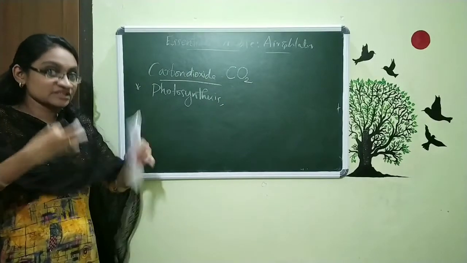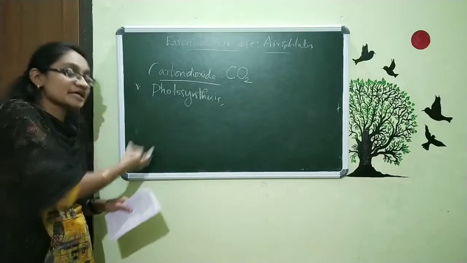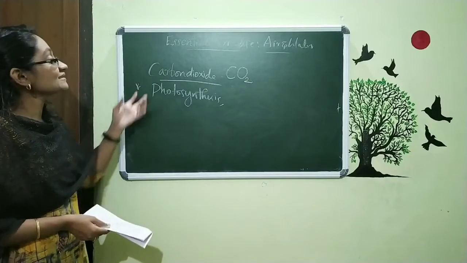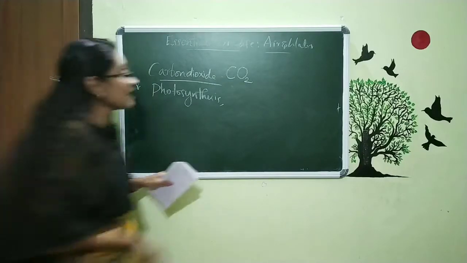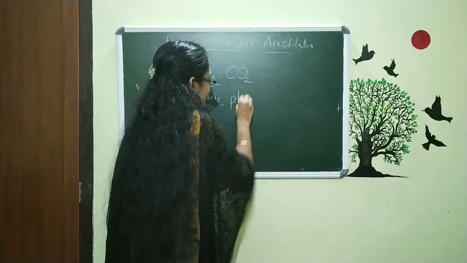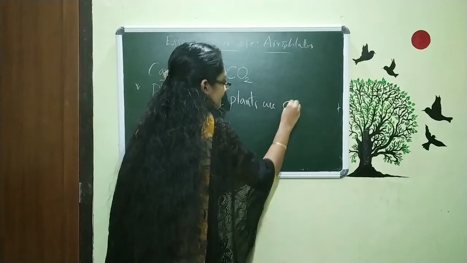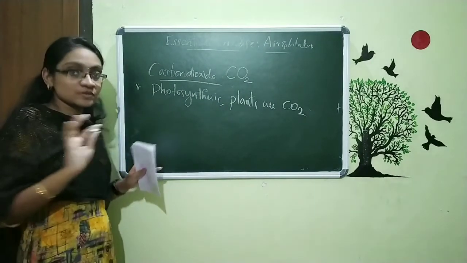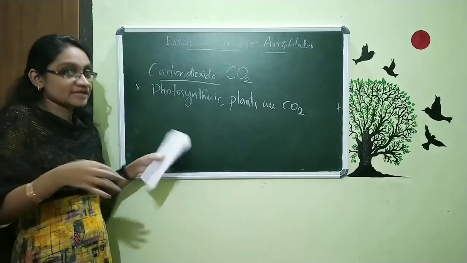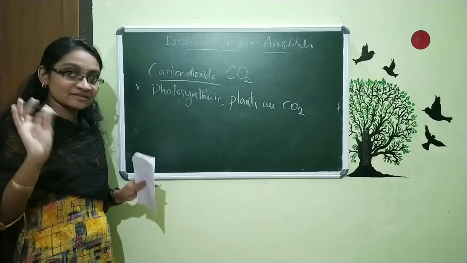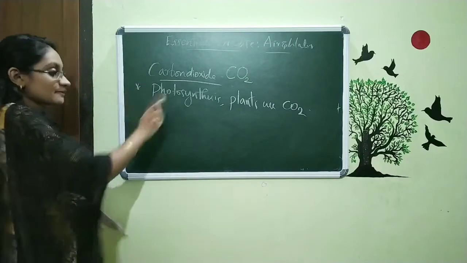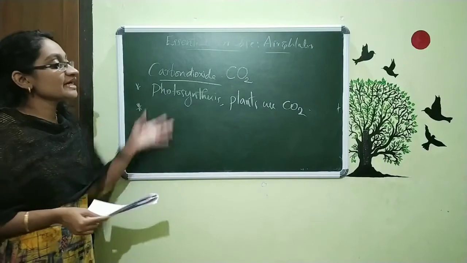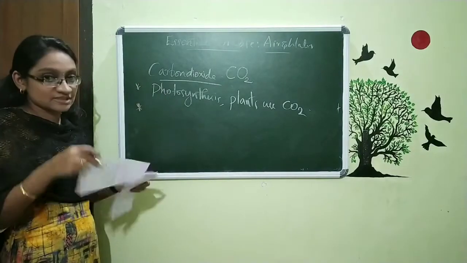That is the production of food within the plants using carbon dioxide, water, sunlight, and glucose. So for photosynthesis, plants use carbon dioxide. If there is no carbon dioxide, photosynthesis will not work, no food will be produced, and nothing will occur on the earth. So carbon dioxide is very important. Plants utilize carbon dioxide in the process of photosynthesis.